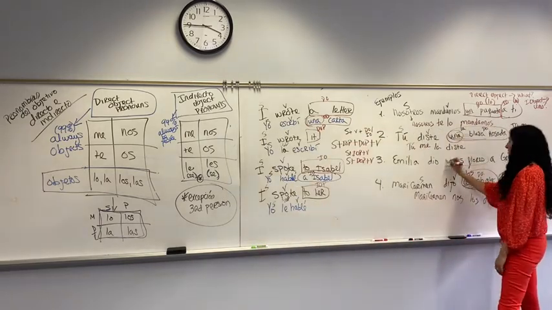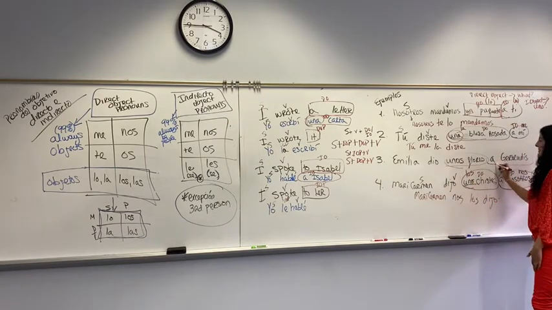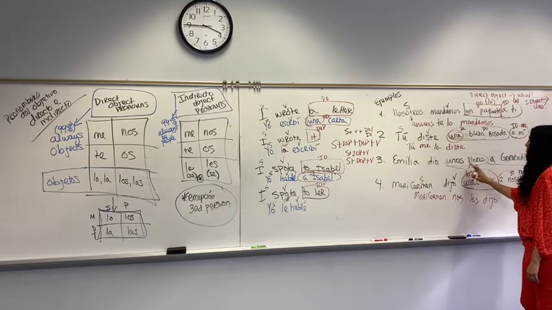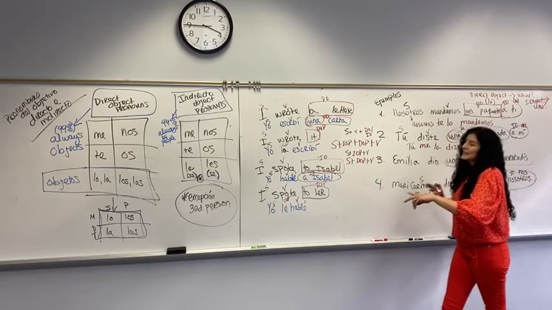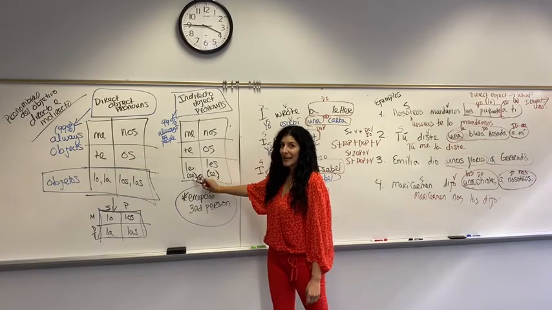So we know that this is a third person because it's an object. And now Gertrudis is a third person because it's her. So we have two third persons together. When we have two third persons together like this, the exception kicks in. And the exception is, instead of le, we're going to use se.